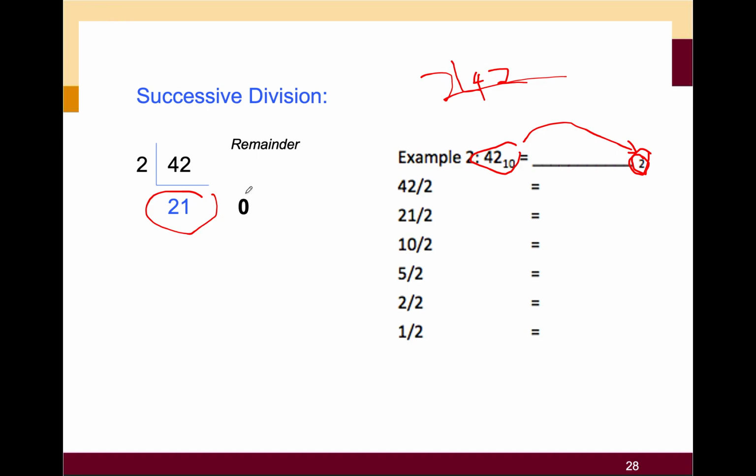So what next? 21 divided by 2, so you will get the answer of 10, and you get the remainder of 1. And then you divide it again, 10 by 2, and you will get 5, and there is no remainder, which is 0.